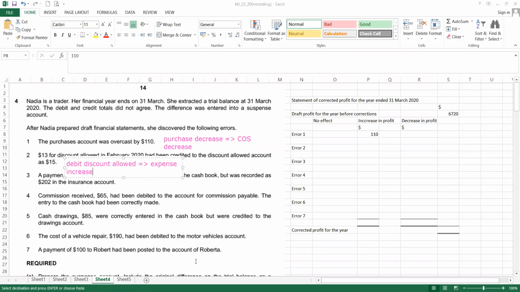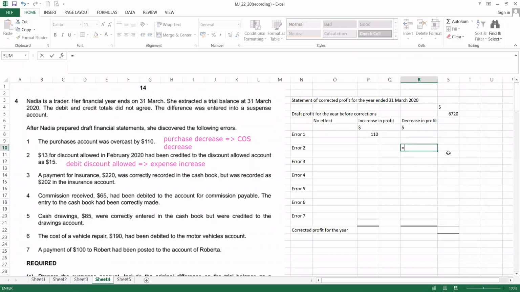So the error number 2 impact will be decrease. Decrease by 2 times because we reverse, and we put back the correct amount. So this one will cause the error number 2, the impact decrease.